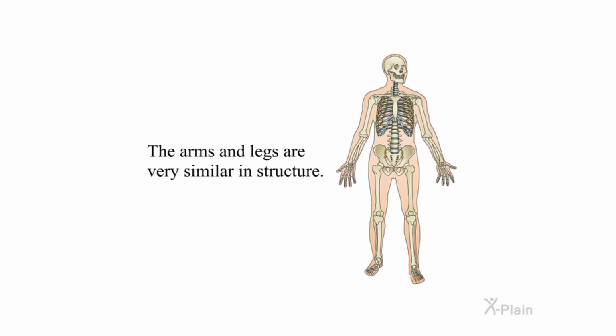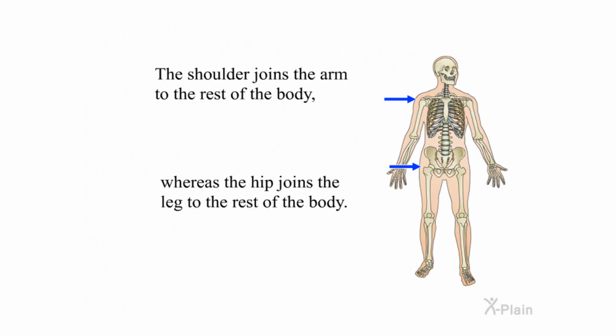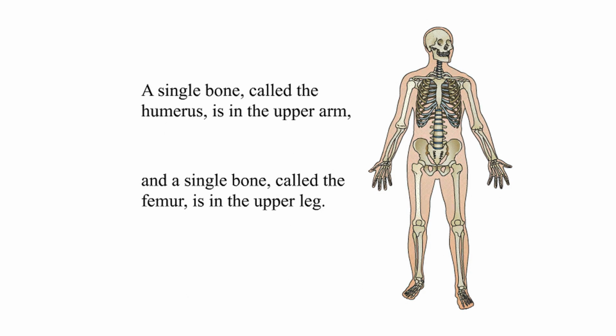Anatomy. The arms and legs are very similar in structure. The shoulder joins the arm to the rest of the body, whereas the hip joins the leg to the rest of the body. A single bone called the humerus is in the upper arm, and a single bone called the femur is in the upper leg.